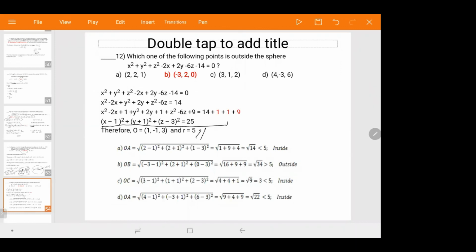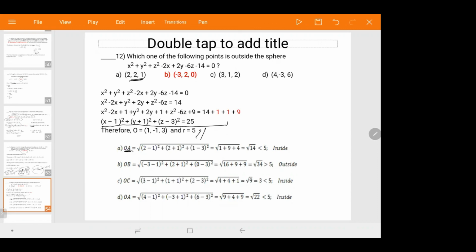Now, let us check whether these points lie inside, outside, or on the sphere. Let's find the distance between this point A and the center of our sphere, OA.